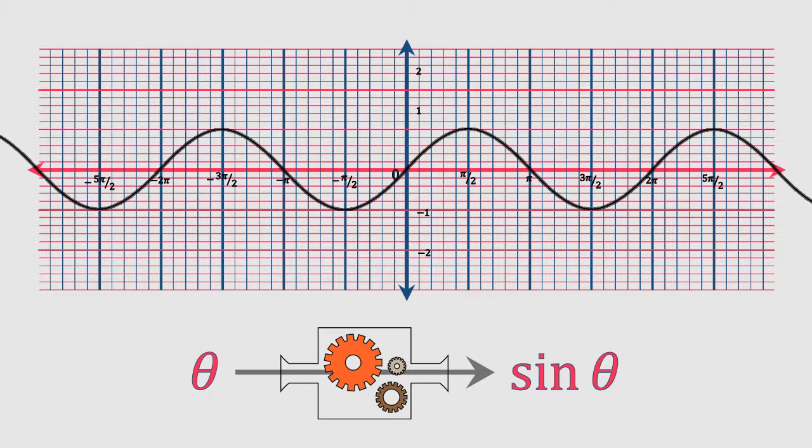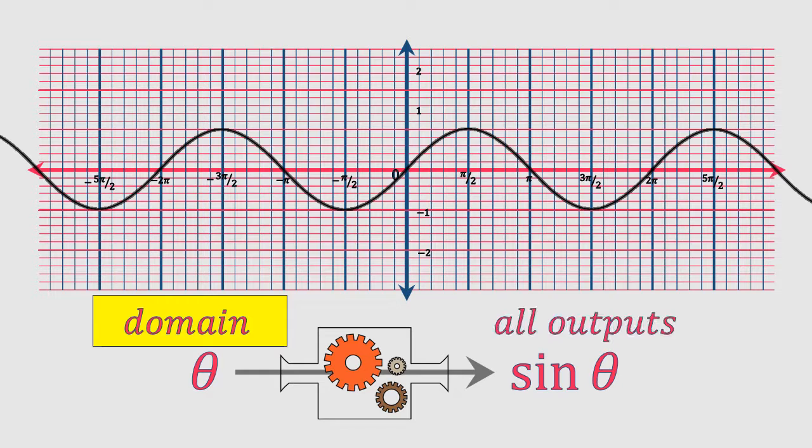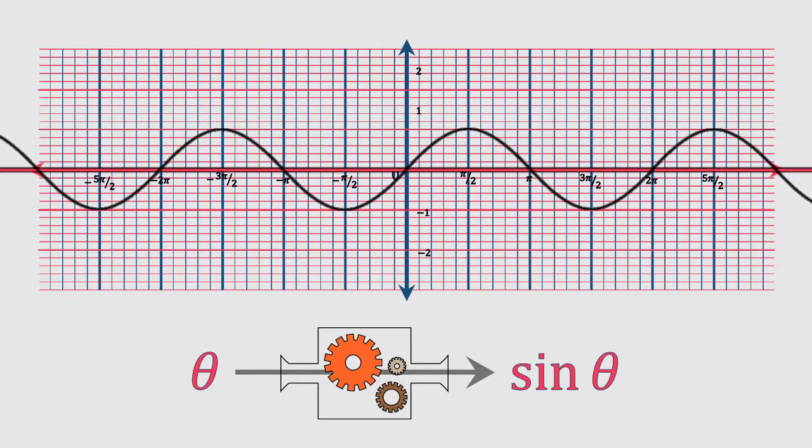So now that we know the graph of the sine function, we inspect all possible inputs, called the domain of the sine function, and all obtained outputs, called the range of the sine function. Since every angle has a sine output, the set of all real numbers form the domain of the sine function.